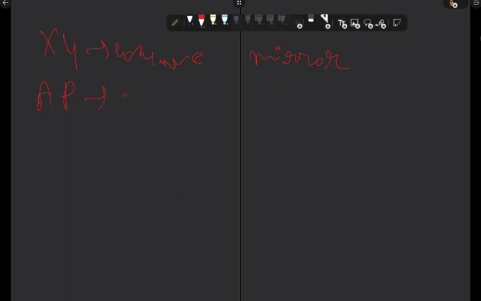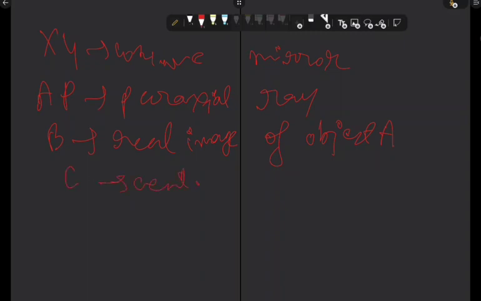AP is your paraxial ray, already explained. What is point B? It is the real image of object A. C is the center of curvature. CP is your radius of curvature.